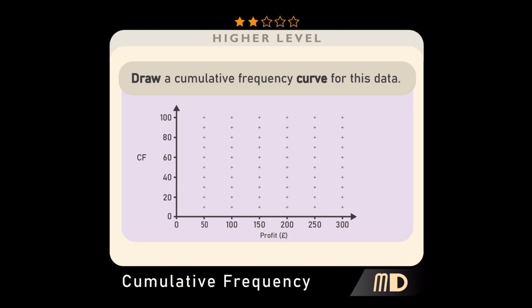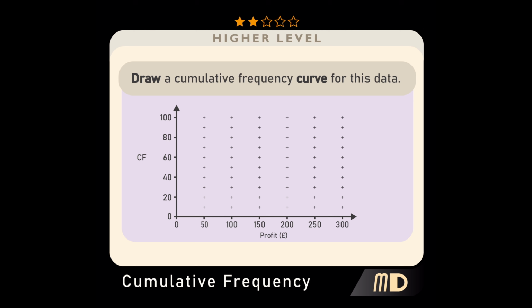This is the second part of a 4-part question. We've been given a grid and asked to draw a cumulative frequency curve for the data in part 1 of the question. A cumulative frequency curve is a graph that represents the accumulated total frequency in a dataset.